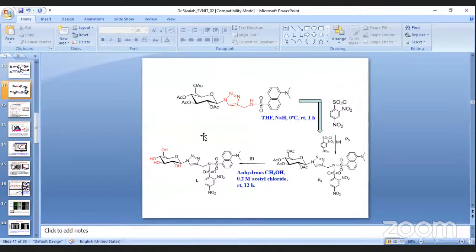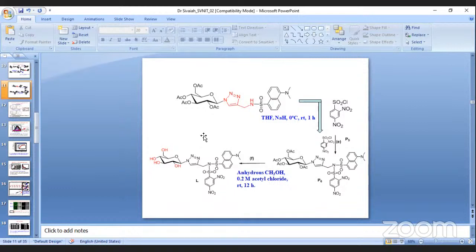And in the continuation of the synthesis, with the triazole-linked dansyl derivative, now here I want to introduce the 2,4-dinitrobenzenesulfonyl chloride. Initially I dissolved the conjugate in THF, and also dissolved the 2,4-dinitrobenzenesulfonyl chloride in THF.